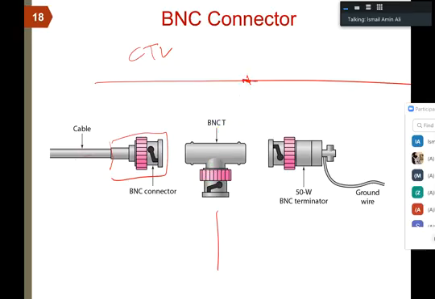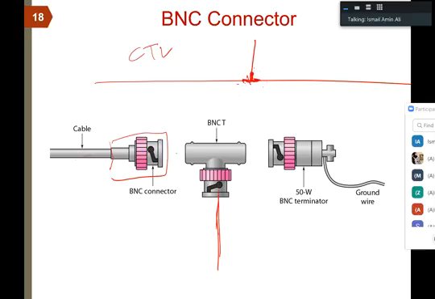BNC T. So this is a T connector. You do both sides, and then you have this one. Now you can connect the other subscriber with this side. Okay, and you do both sides.